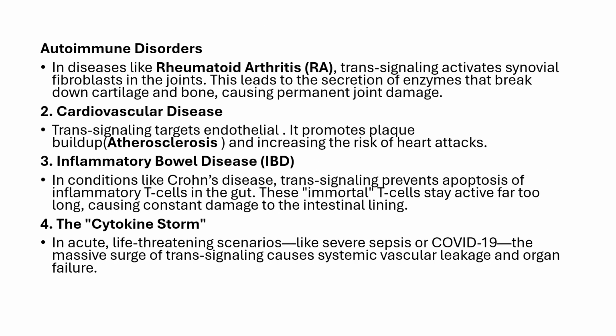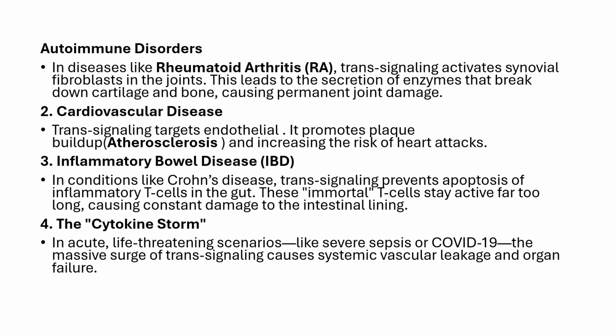Coming to autoimmune disorders relevant in the context of interleukin 6, there is rheumatoid arthritis. It is one of the conditions where interleukin 6 plays a very big role, and we have drugs targeting interleukin 6 in rheumatoid arthritis.